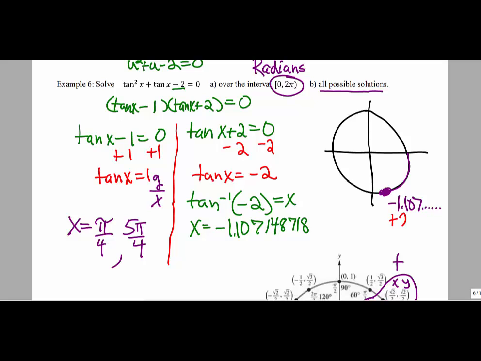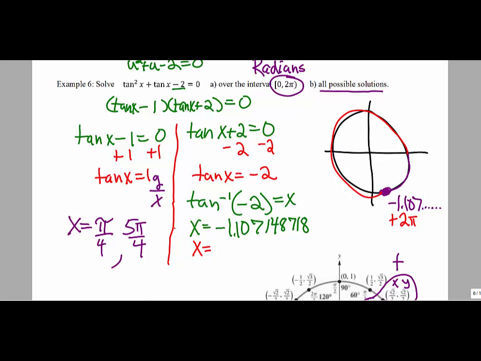So let's add 2 pi to this. Now if we add 2 pi to this, we actually get an angle that lives within the interval that is coterminal to this. So we're describing the same angle, except instead of thinking of it as a negative angle, we're going to go from here all the way around to here, and we're going to consider that to be a positive angle.